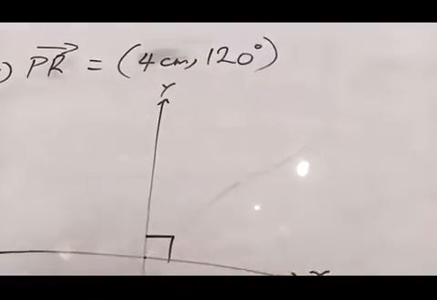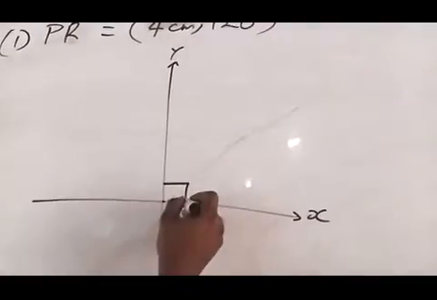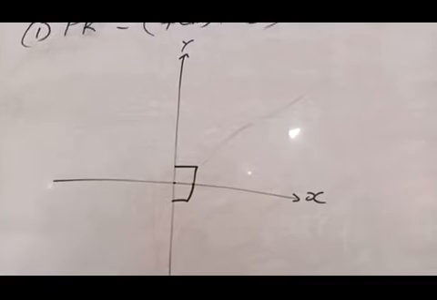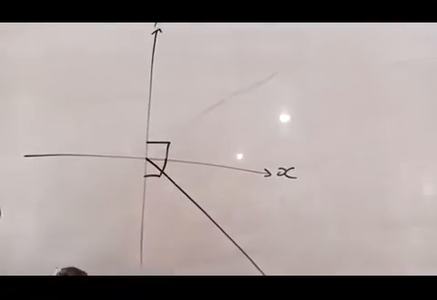In the first quadrant we have only 90 degrees, so it has to stretch to the second quadrant to get our 120 degrees.